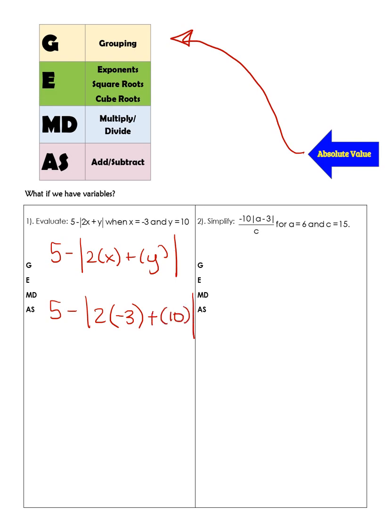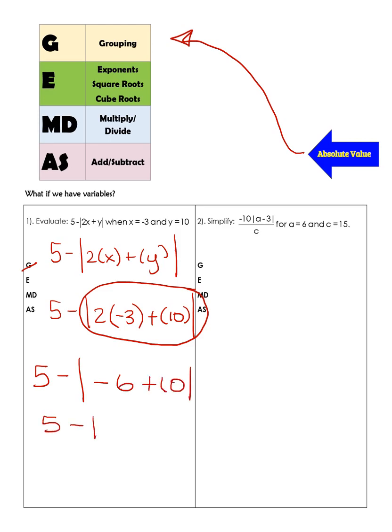Once I substitute, I'm going to follow order of operations. Grouping symbol. Yes, we have grouping symbols. This right here is a grouping symbol, so we're going to take care of that first. And inside of that, we always follow order of operations again. So inside those grouping symbols, I'm going to do the multiplication first. Then I'm going to do addition. The absolute value of 4 is positive 4, so our final answer is 1.